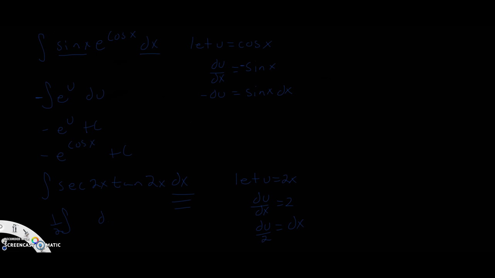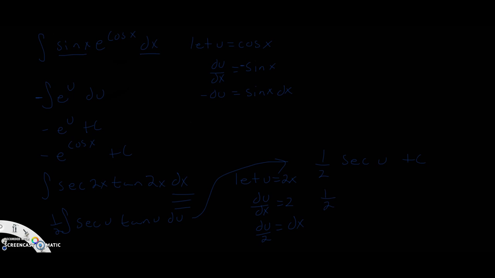Let me just erase that so I have some room. So you're going to write secant u tan u du. The antiderivative is, I'm going to put an arrow over here, going to be 1/2. The antiderivative of secant u tan u is going to be secant u plus c.